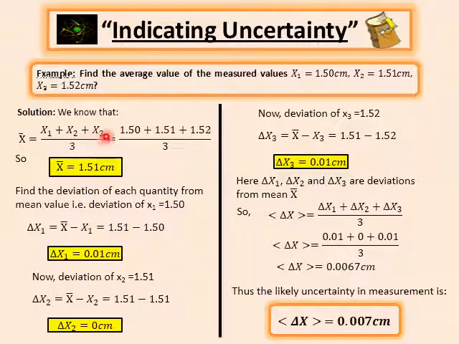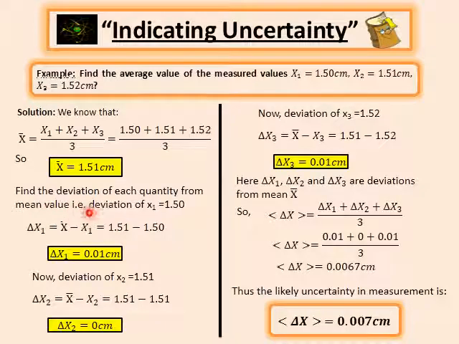Here the mean value is x1 plus x2 plus x3 divided by 3. So by putting the values and dividing by 3 we get the mean value of x, which is 1.51 centimeter.